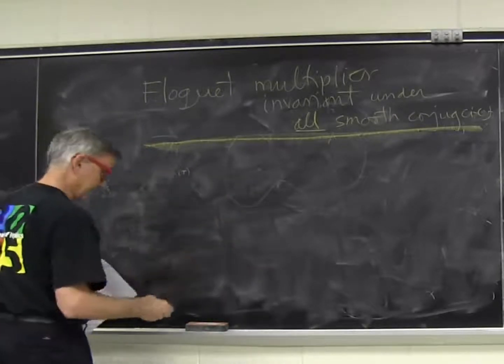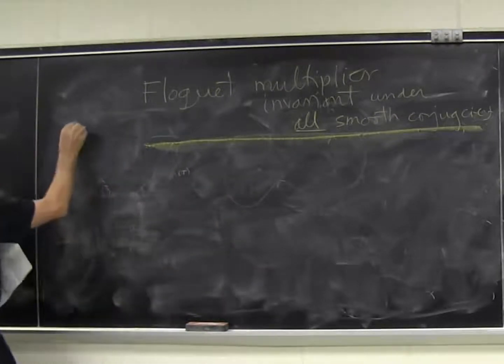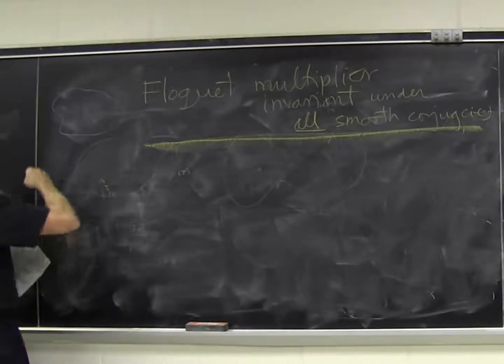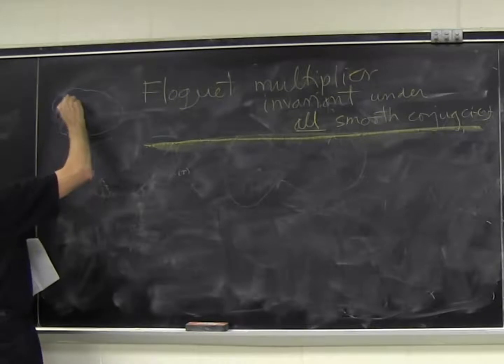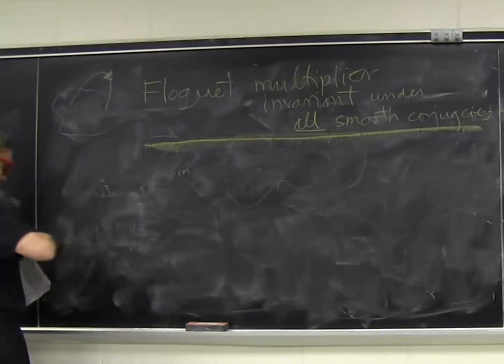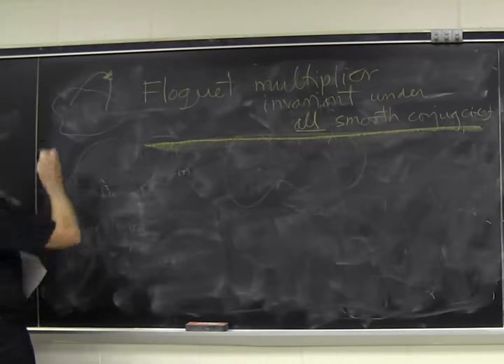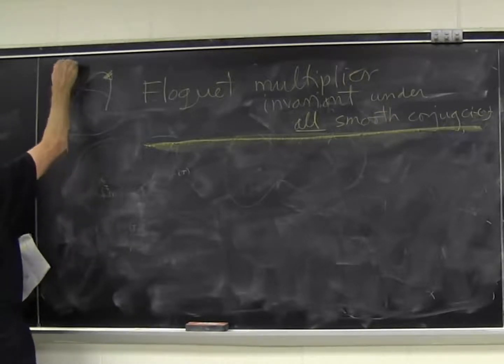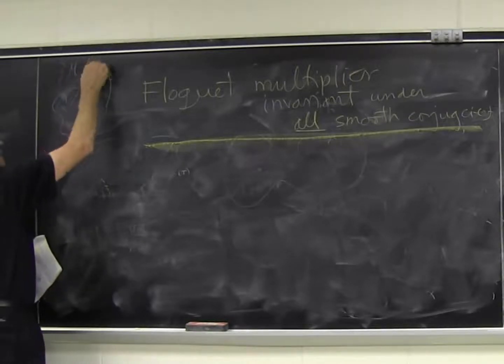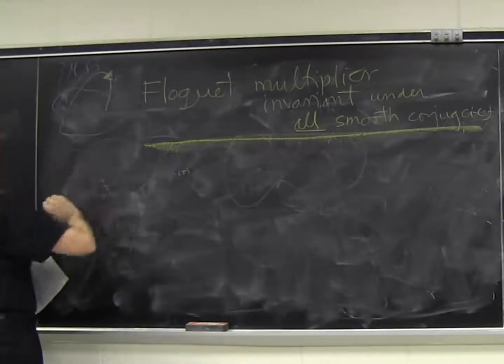So here we are, the stuff that I just erased. I have a function, I have a set and a mapping. So my dynamics is defined as state space and a law of dynamics on it.